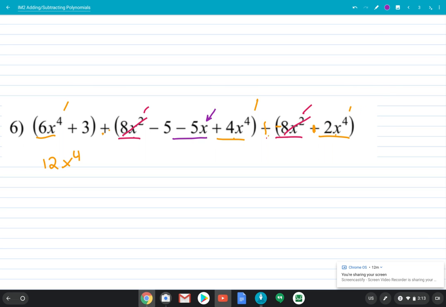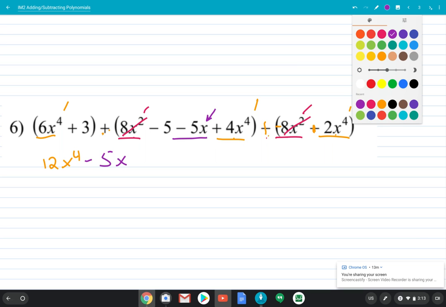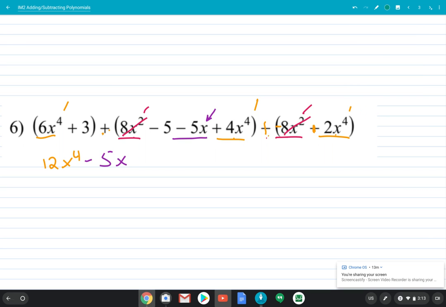Are there any other x to the first powers? No. And now I'm going to go to x to the 0 power. That's this one and this one. So 3 plus negative 5, negative 2. Everything has been underlined, checked off, done.